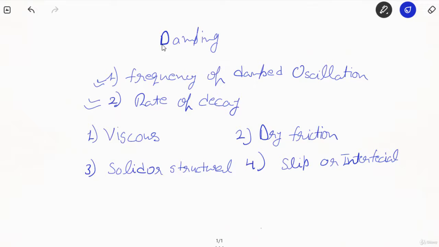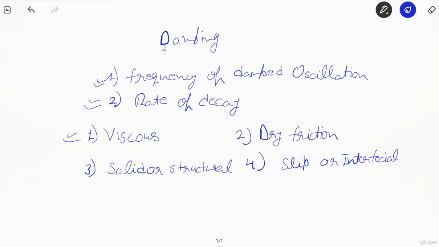The first kind of damping, viscous damping, is the most important type of damping, where we have smaller velocities in lubricated surfaces, and machine parts having very small clearance between them. This kind of damping is used in such systems.